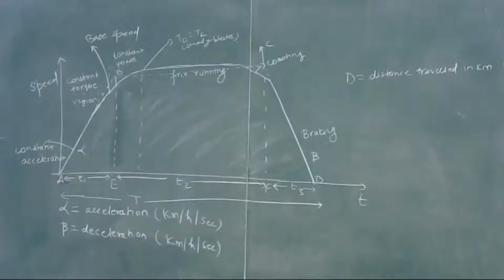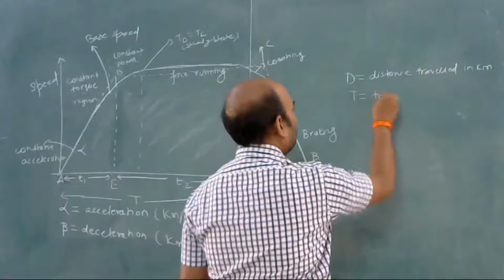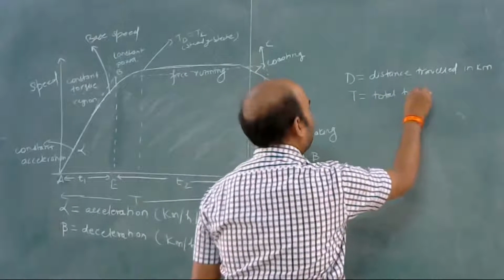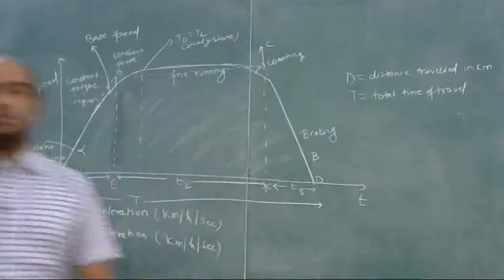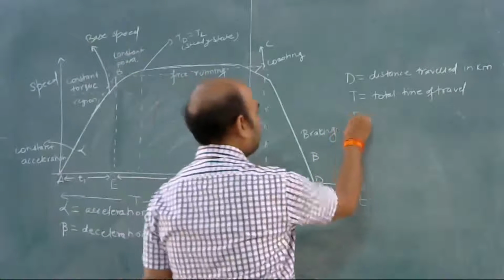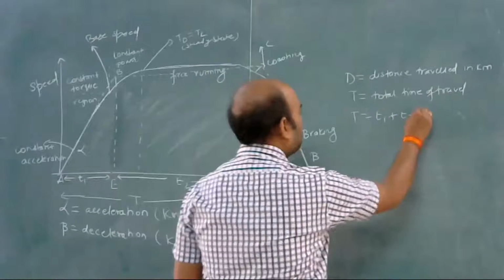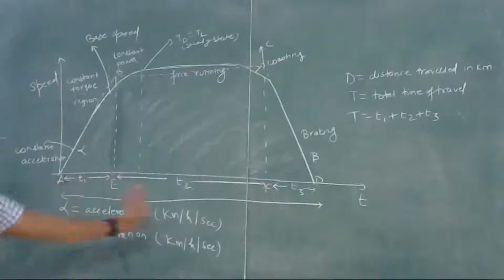Okay. So let T be the total time of travel, and capital T will be equal to T1 plus T2 plus T3. Okay, this will be the total time period T.